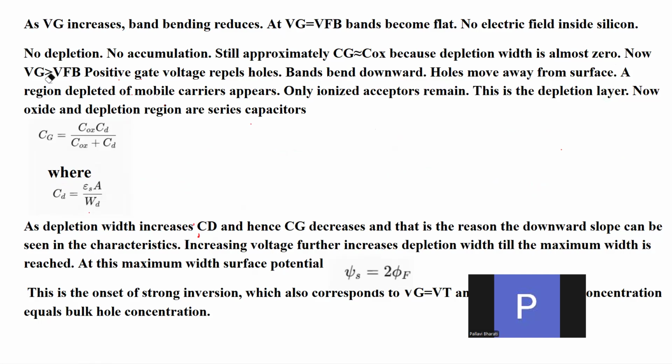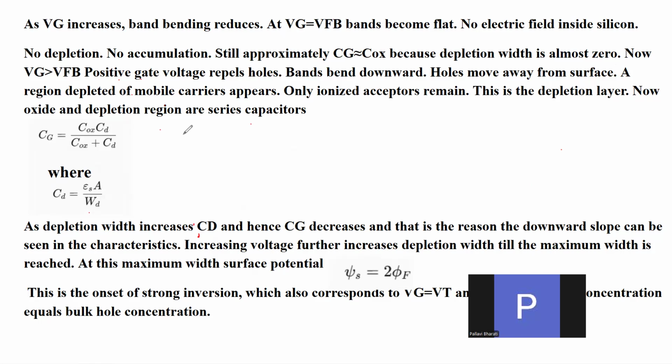Now, when you are making Vg greater than VFB, there are actually three things: flat band, accumulation, and depletion. For this p-type substrate, we are giving Vg negative.